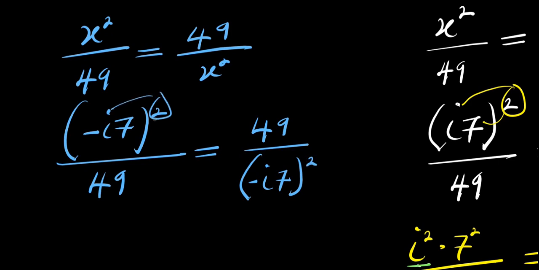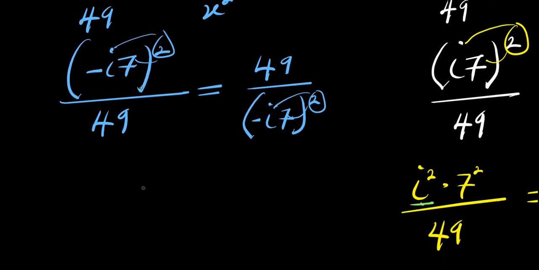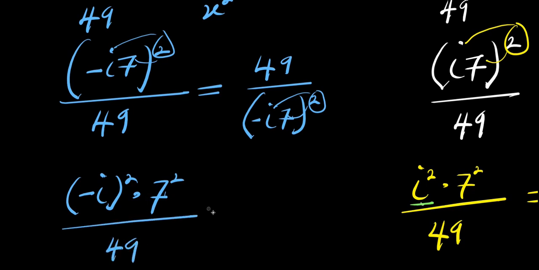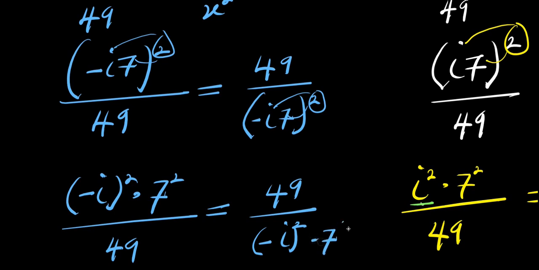We also distribute this exponent to each of the terms there. So the first one will be -i to the power of 2 times 7 power 2 divided by 49 equals 49 divided by -i to the power of 2 times 7 power 2.